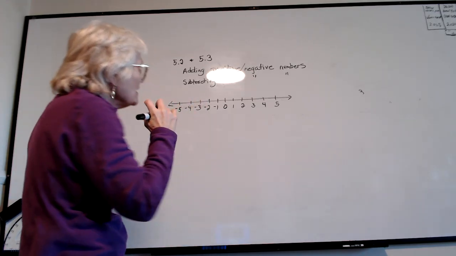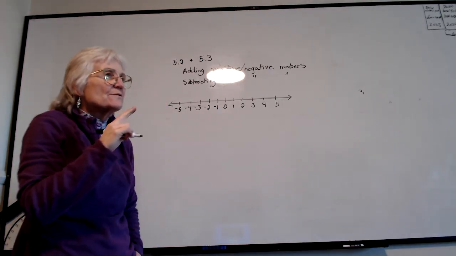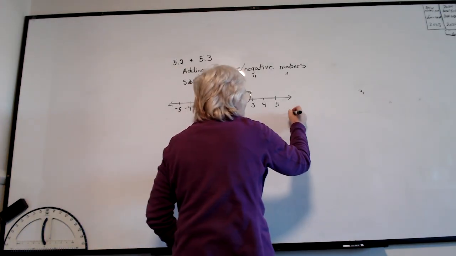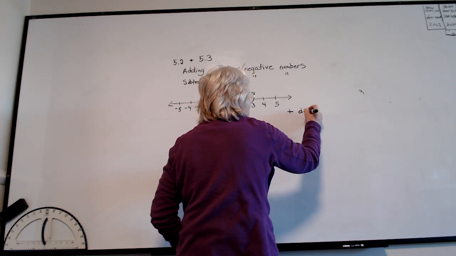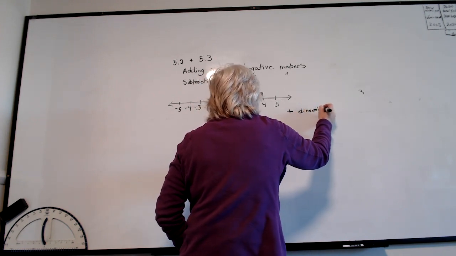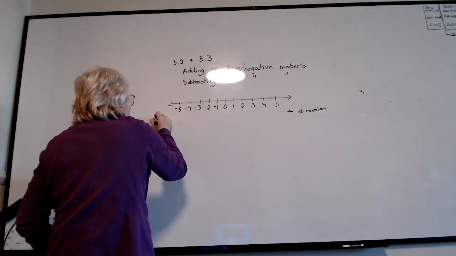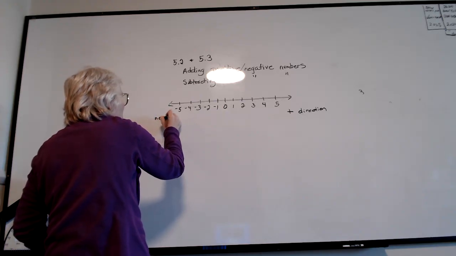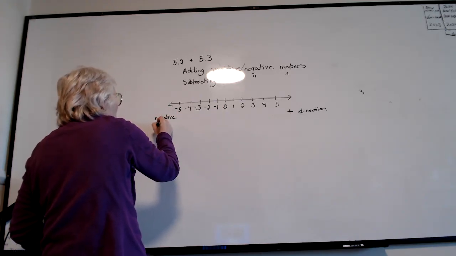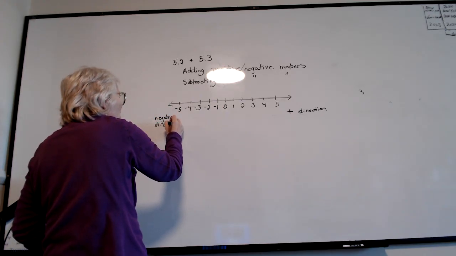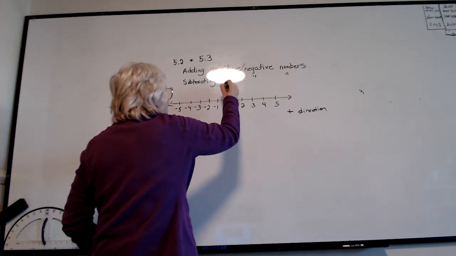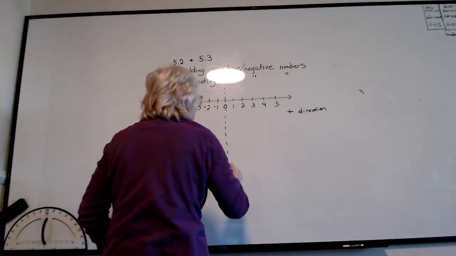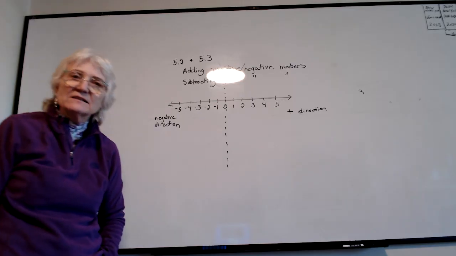Okay? I just want you to realize this is the positive direction. This is the negative direction. And right here in the middle is where we split between positive and negative.